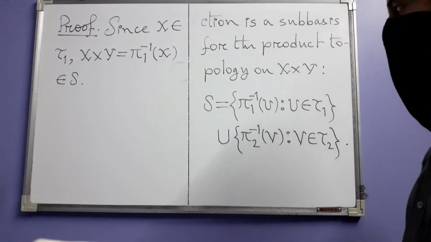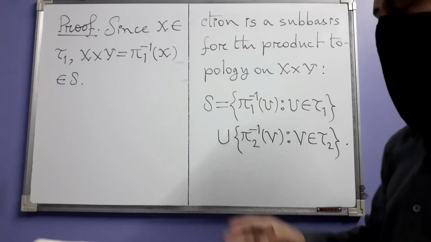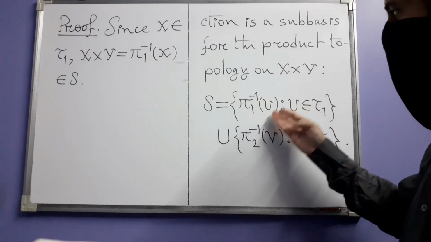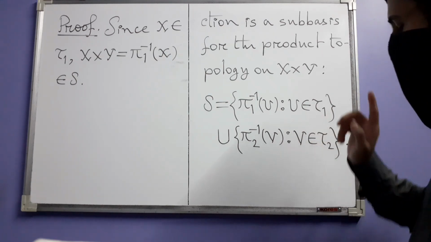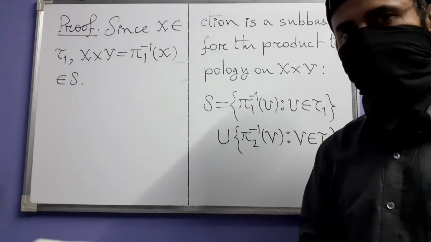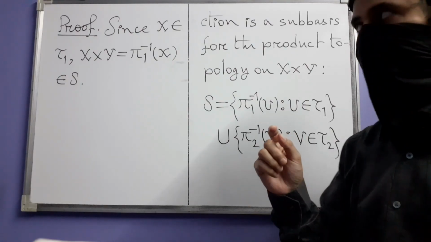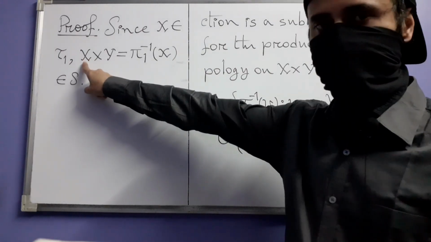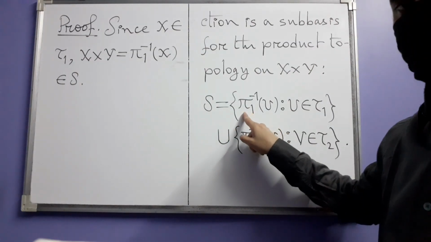Is there any doubt about why these are subsets of X times Y? Just think of this pi1 inverse of U for a moment. What is U? U is an element in the topology tau1. That means U is basically a subset of X. And what type of function is pi1?